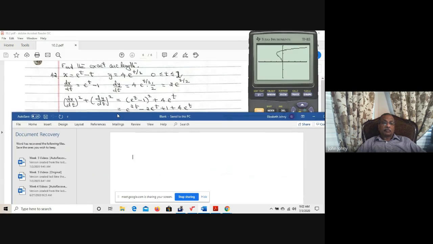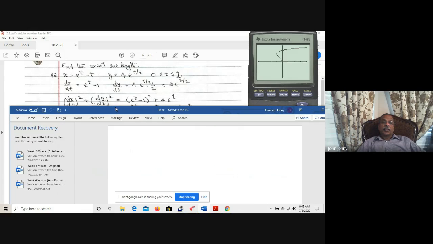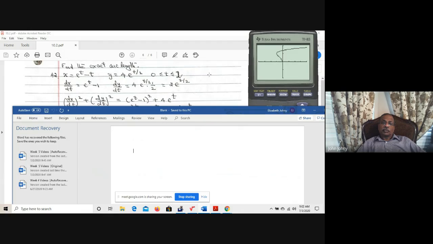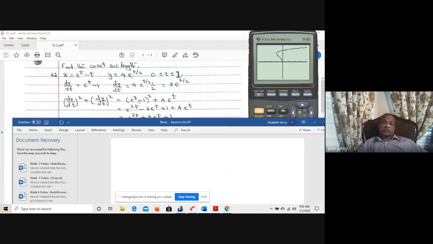And so dx over dt the whole square plus dy over dt the whole square is equal to e to the t minus 1 the whole square plus 4 e to the t. Square of 2 is 4 and the square of e to the t over 2 is e to the t. And you FOIL this e to the t minus 1 the whole square. If you remember the formula for a minus b the whole square, use that. Otherwise, FOIL e to the t minus 1 times e to the t minus 1, and combine like terms.